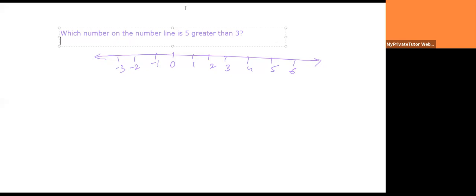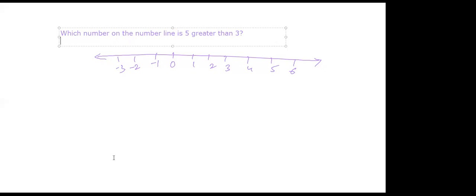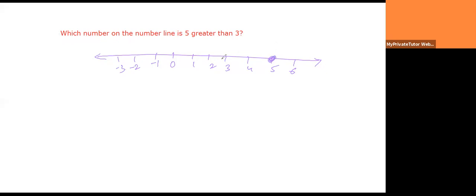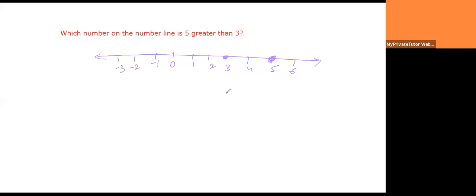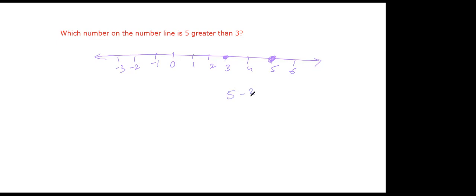See, just circle the 2 points, the 2 numbers which we need. This is the 5, and this is the 3. Okay. So using the number line, 5 is greater than 3. So what is the difference? That's the answer. 2.